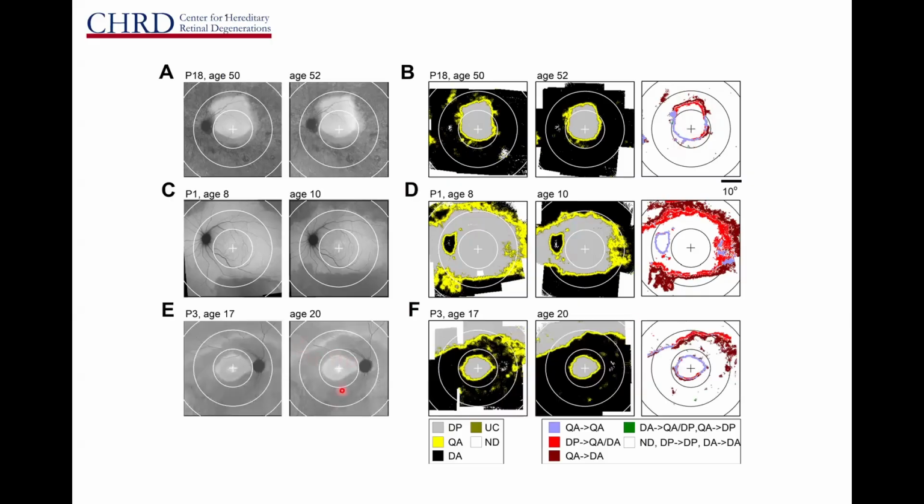Here's yet another example, having this peripheral retention separated from the macula with a mid-peripheral or perimacular degeneration. And we can see that the central macular area shows no progression, and part of the periphery shows very large progression, whereas another part of the same peripheral region shows no progression over the same 2 years.